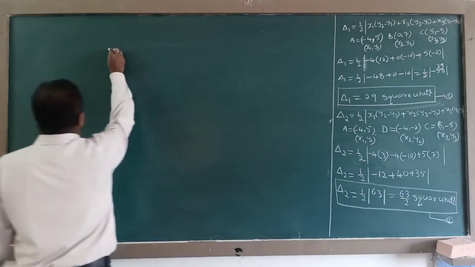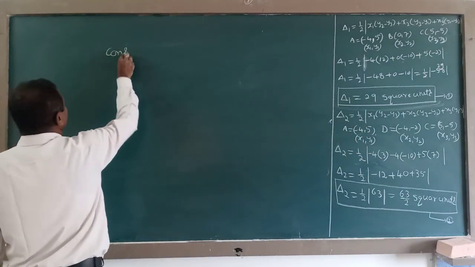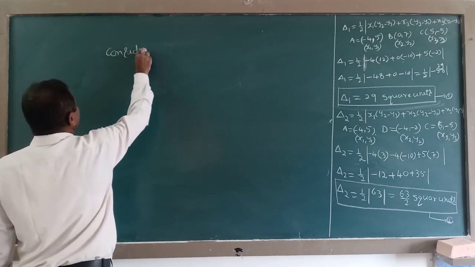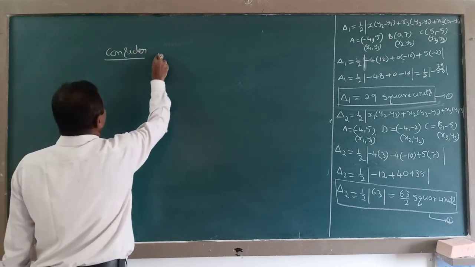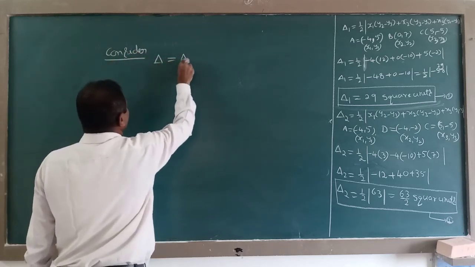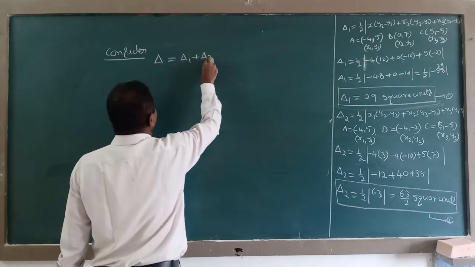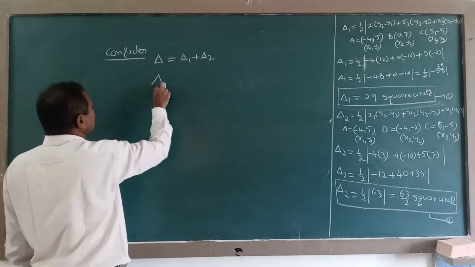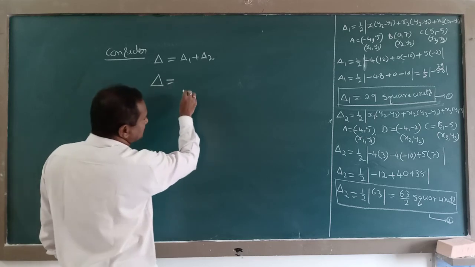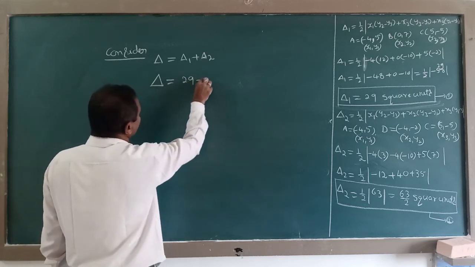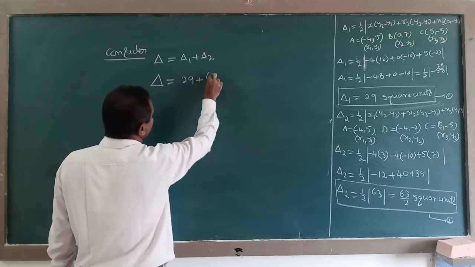Consider delta is equal to delta 1 plus delta 2. Delta 1 is 29 plus delta 2 is 63 by 2.